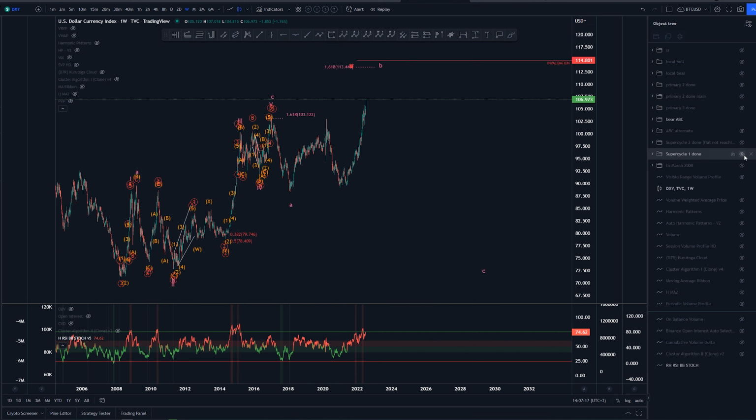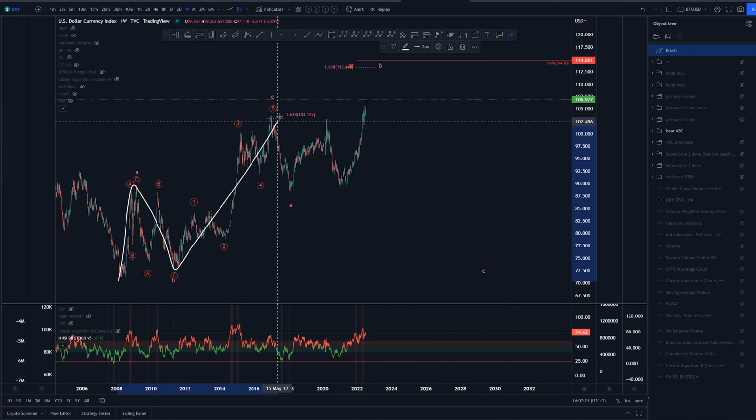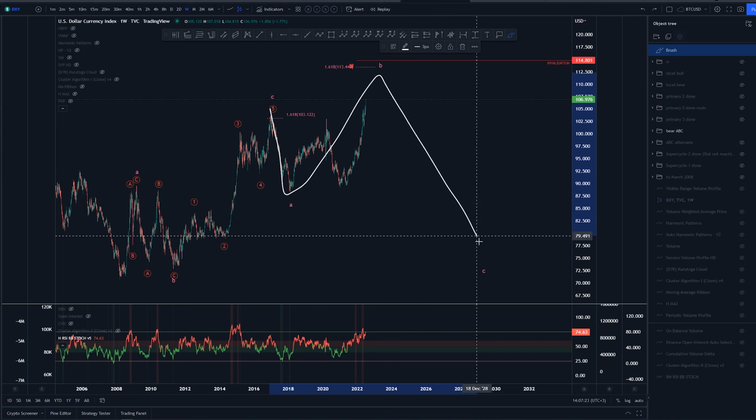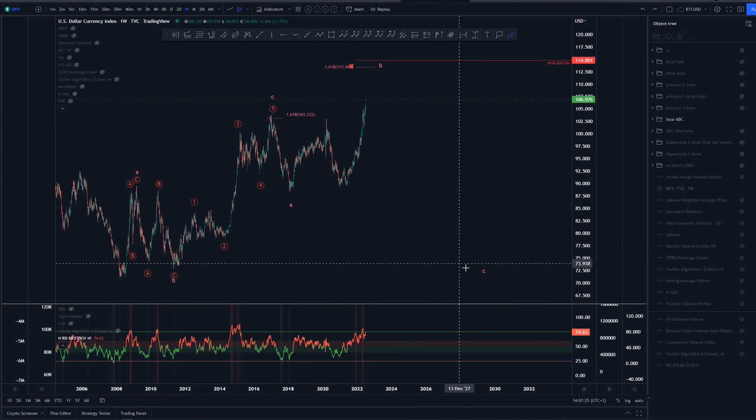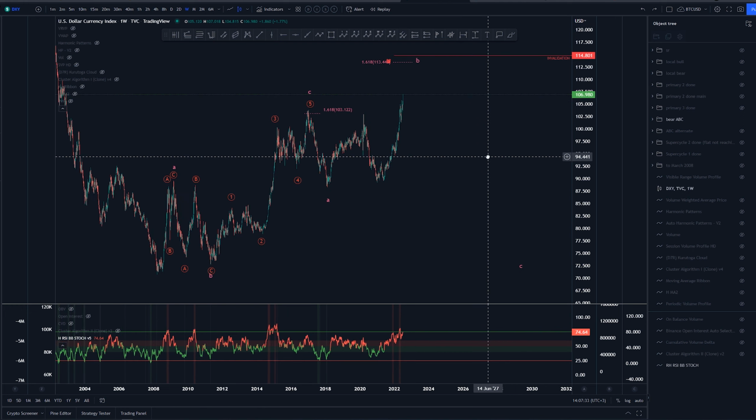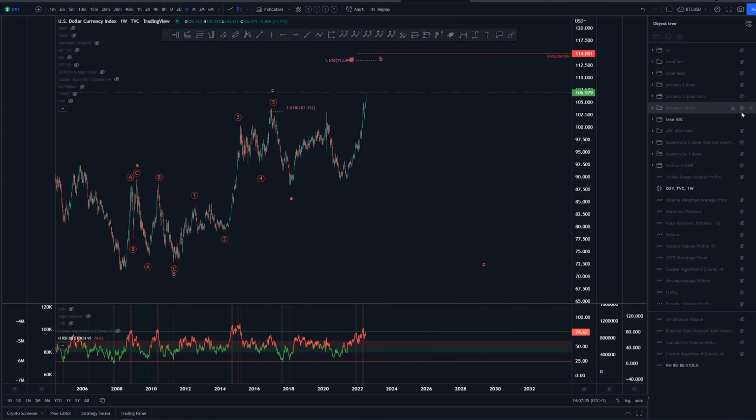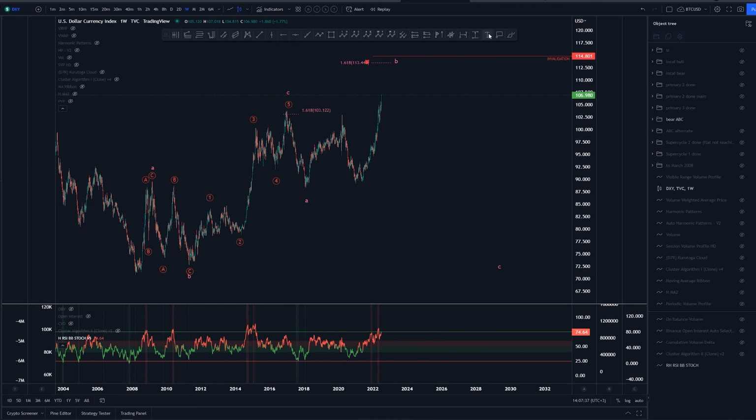Now the other scenario is that we have an A, B and C, then another A, B and C. This ABC is again the same as we had for the bullish scenario, but this just offers us more scenarios overall. Now this is fine and dandy, but again we don't trade off of these, at least I don't, on these very high time frame expectations, as there are many ways to interpret them.